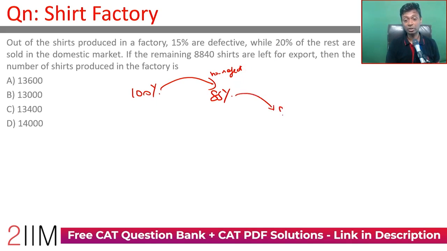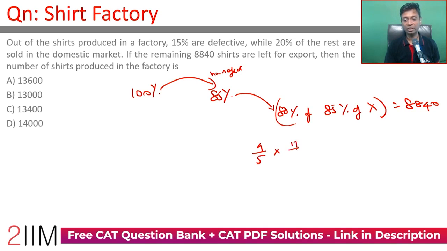So 80% of 85% is what is sold in the export market. 80% of 85% of X equals 8840. 80% is 4 by 5, 85% is 17 by 20 equals 8840.